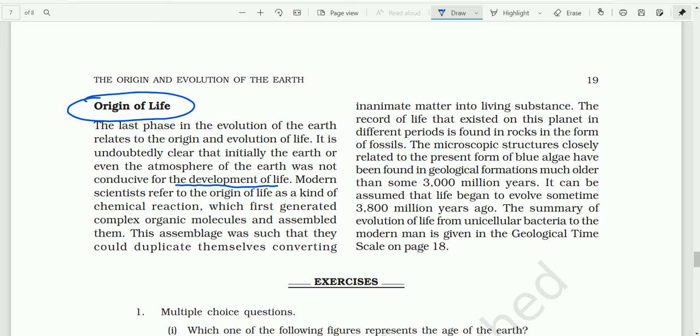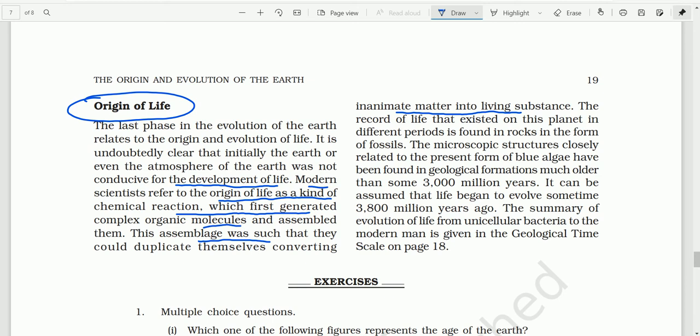Modern scientists refer to the origin of life as a kind of chemical reaction which first generated complex organic molecules and assembled them. The assemblies were such that they could duplicate themselves, converting inanimate matter into living substance. So you must know that life originated only in the water.